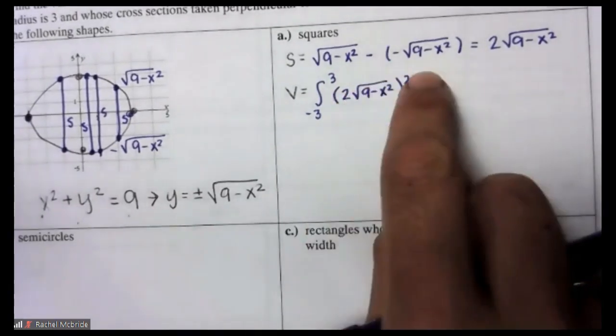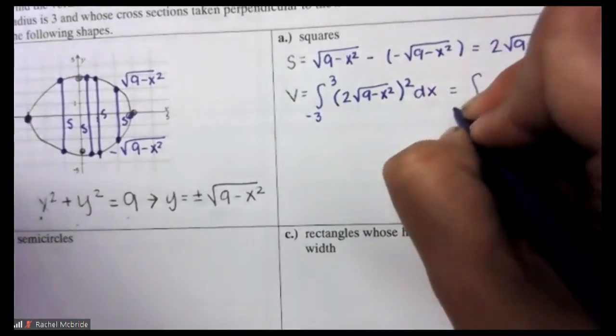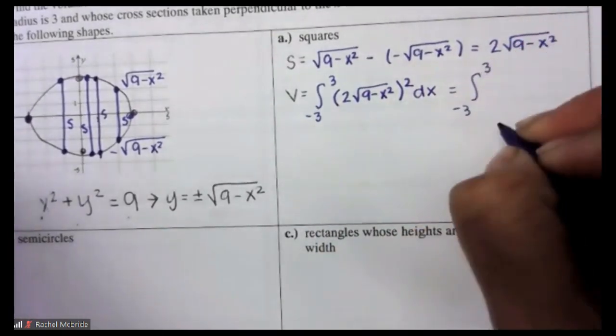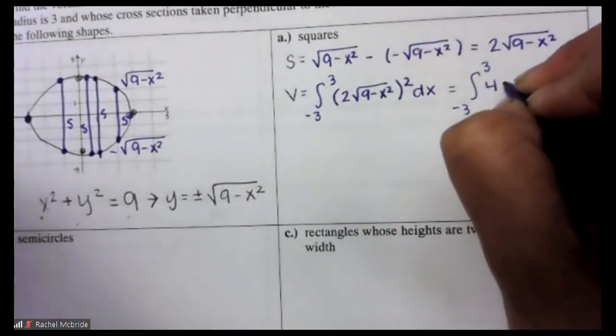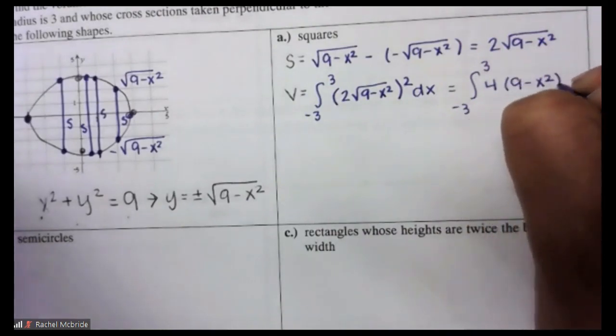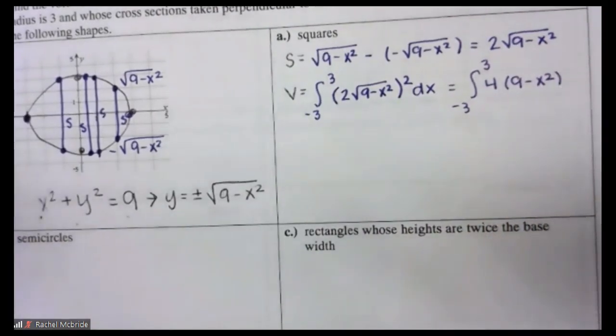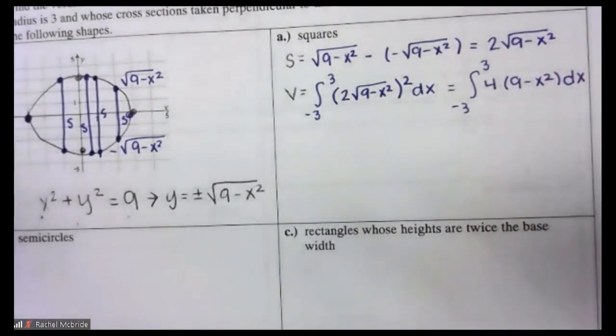You could distribute that square in. So that would give me the integral from -3 to 3. 2 squared is 4, and the square root squared becomes 9 minus x squared, dx.